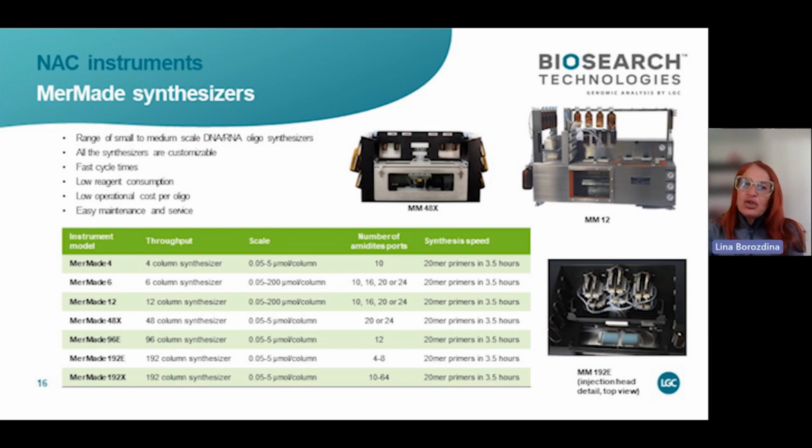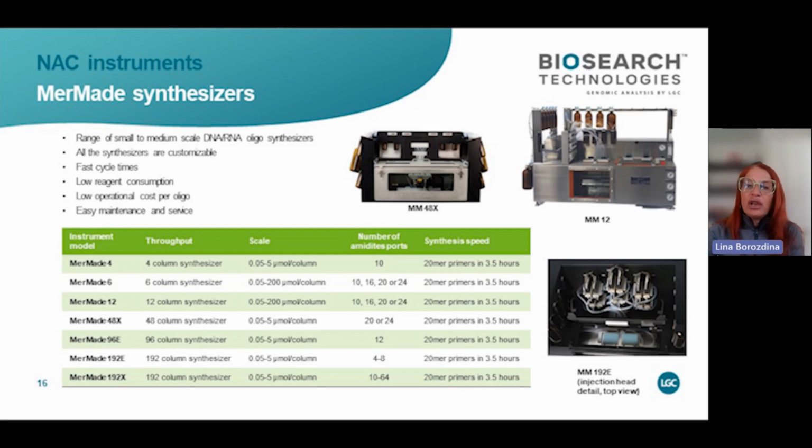Other machines that we offer are for different applications. Our Mermaid 6 and Mermaid 12 synthesizers can go up to 200 micromole per column, which makes them a really good model for synthesis for my study, PD study. It's a mid-scale synthesizer, but it can also do small scale as well. It's a very diverse, very adaptable instrument.